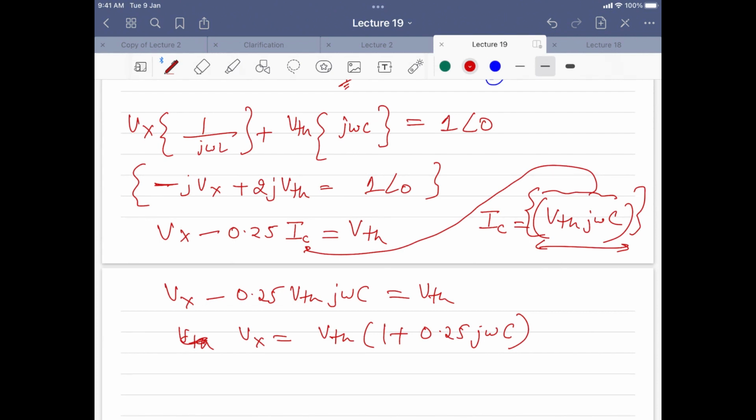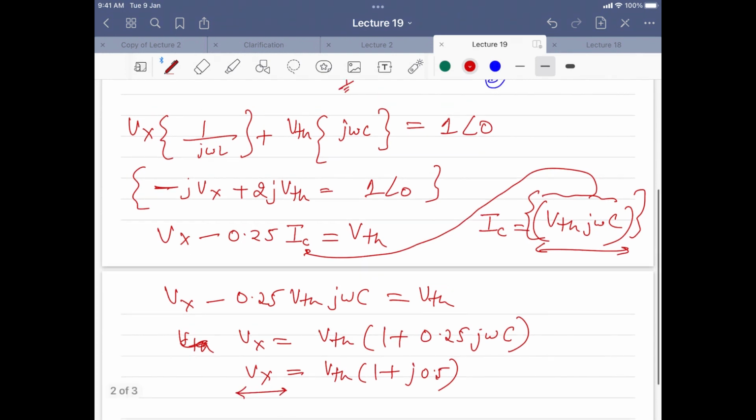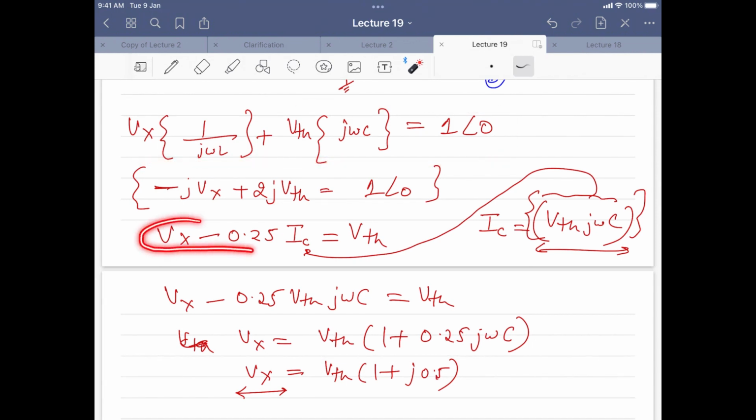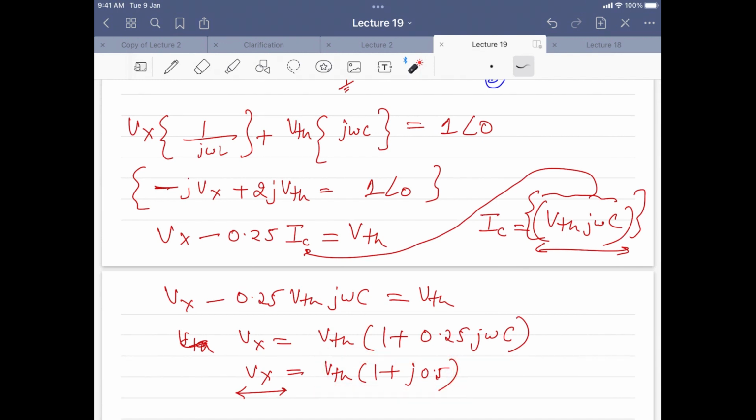So if you substitute the values properly, then VTH will come out to be 1 plus j 0.5. So this is your Vx. Quickly check whether it's right or not. Once you have this Vx and the equation which we have already calculated here, you can substitute the value of Vx into it, and from that you will get VTH.